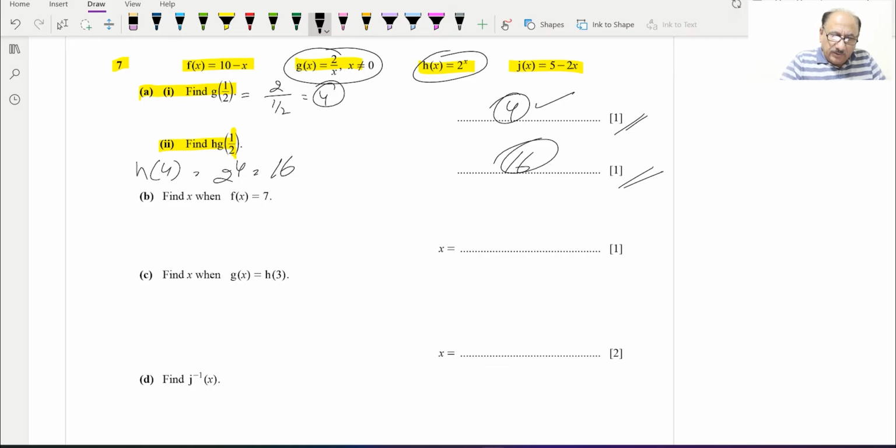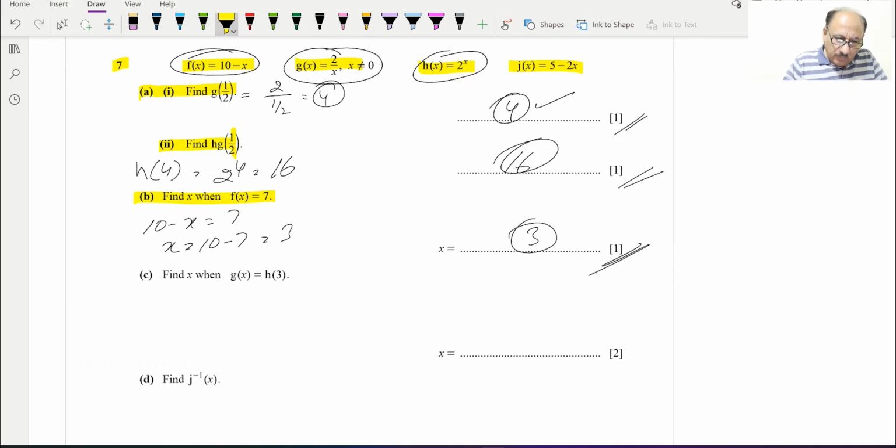And then part b says find x when f of x is equal to 7. So f of x is equal to 7 means 10 minus x is equal to 7. So x is equal to 10 minus 7, which is equal to 3. So the answer will be 3 over here for 1 mark. Now for part c, find x when g of x is equal to h of 3.